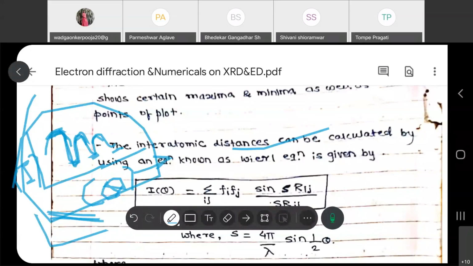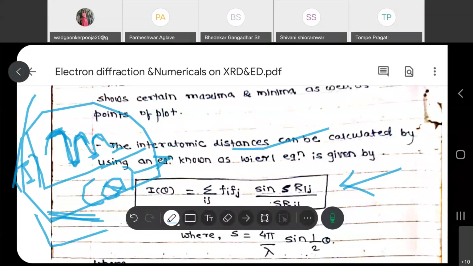All these questions have only one answer, and that is simply by using the Wierl equation. By using this Wierl equation, you can calculate the internal dynamics or internal structures.